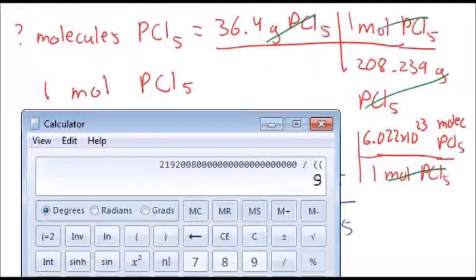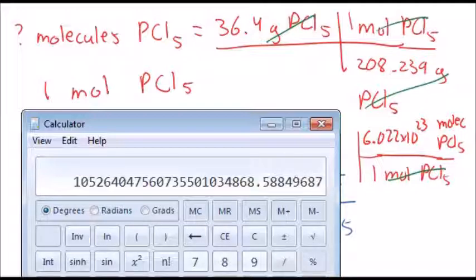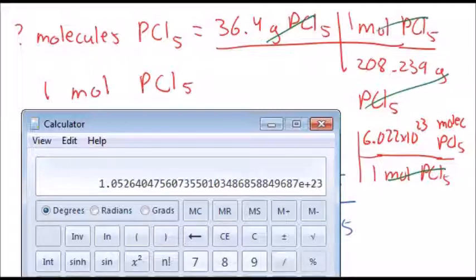Oh no, 208.239. Okay. It's going to give that here. I finally figured out how to use this calculator to convert this to scientific notation, so that's this. So it's 1.05, this whole number times 10 to the 23rd.